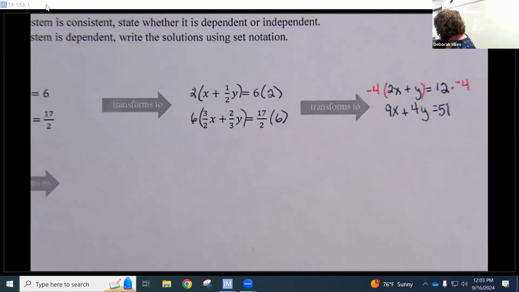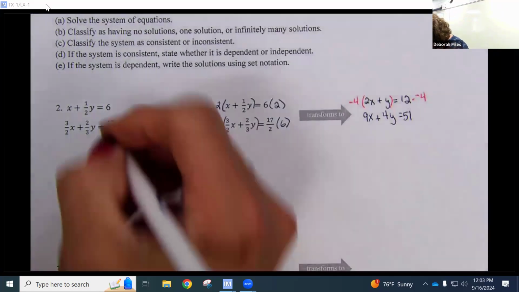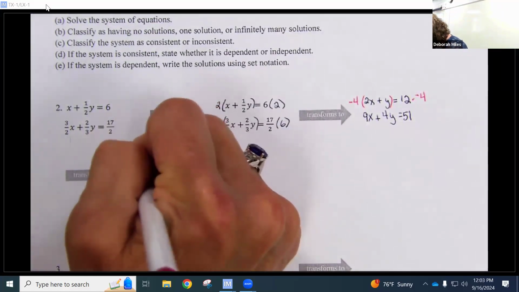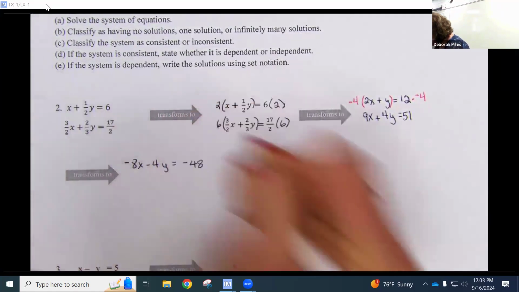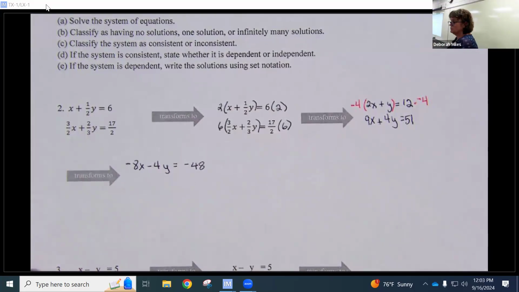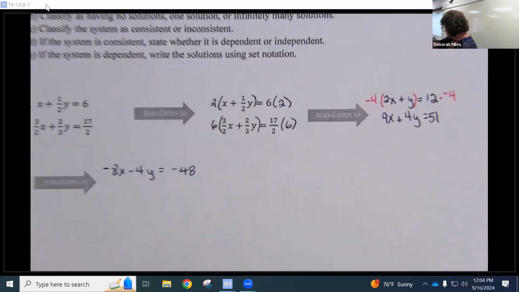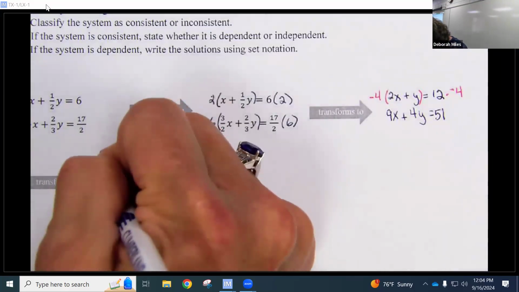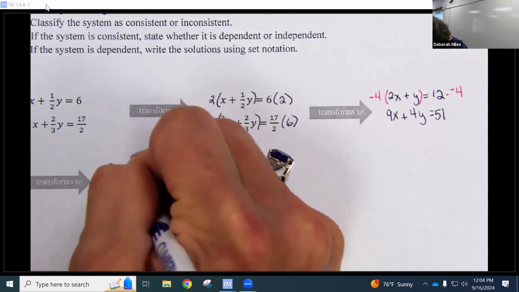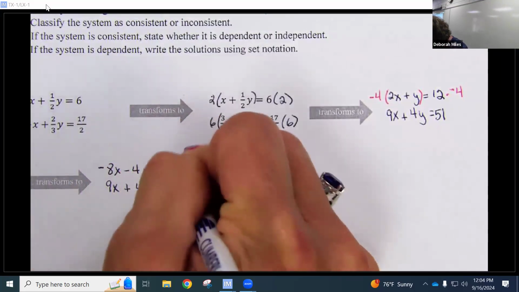The first equation becomes -8x minus 4y equals -48. Second equation, I'm not changing it. 9x plus 4y equals 51.